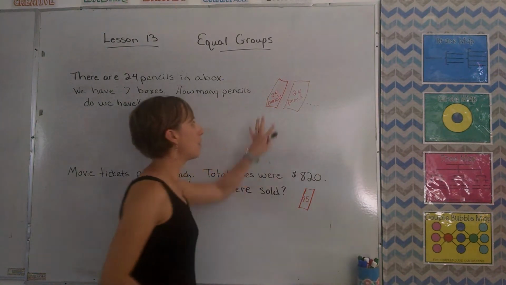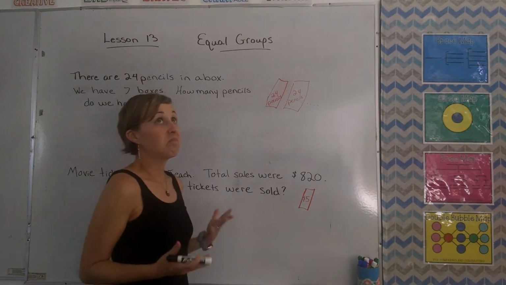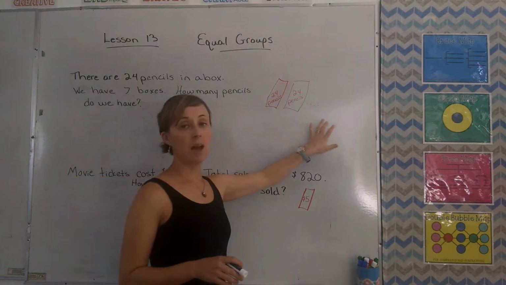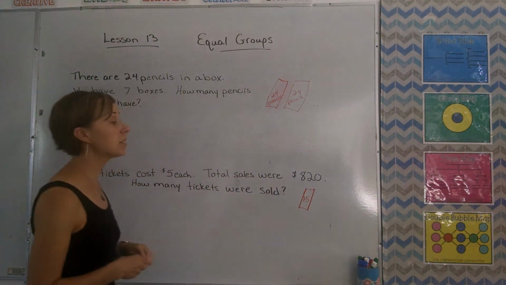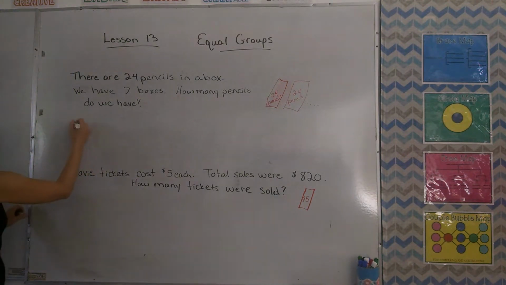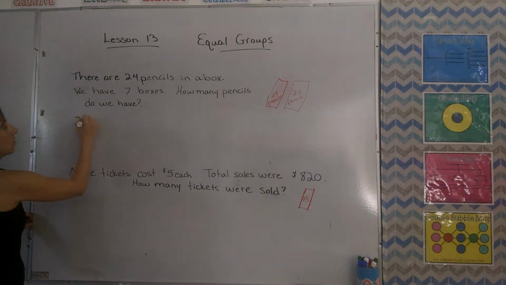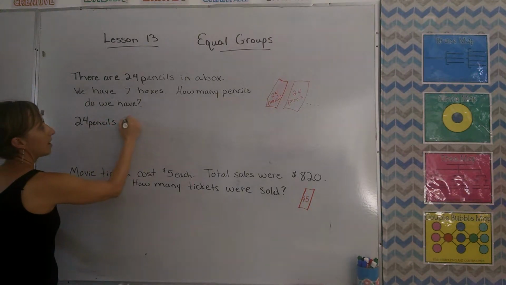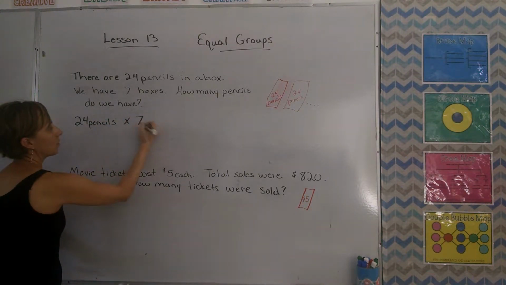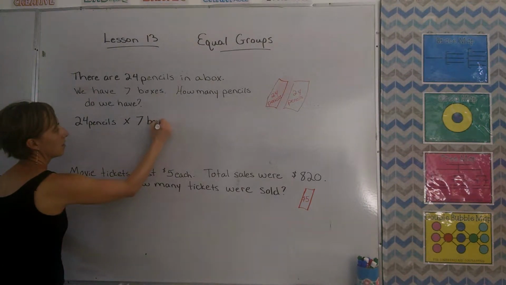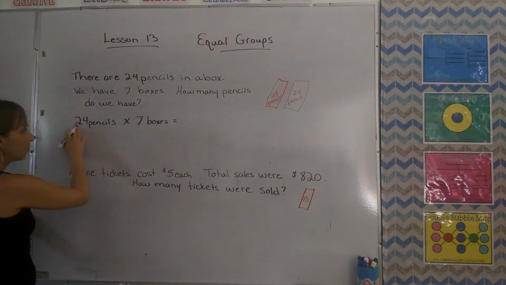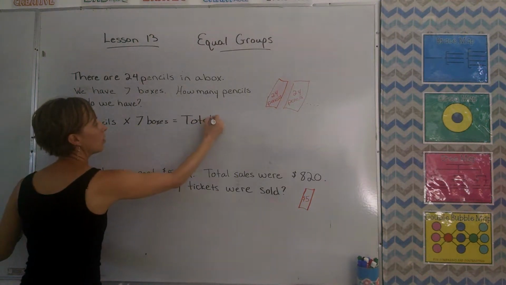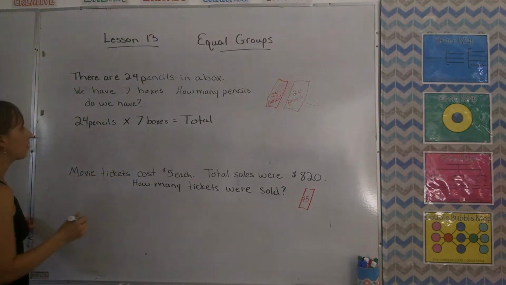To solve how many pencils I have all together, I could do a number of things. I could add 24 7 times, or I could multiply the number of pencils we have, 24 pencils, times, we have 7 boxes, 24 times 7 should give me the total number of pencils we have.